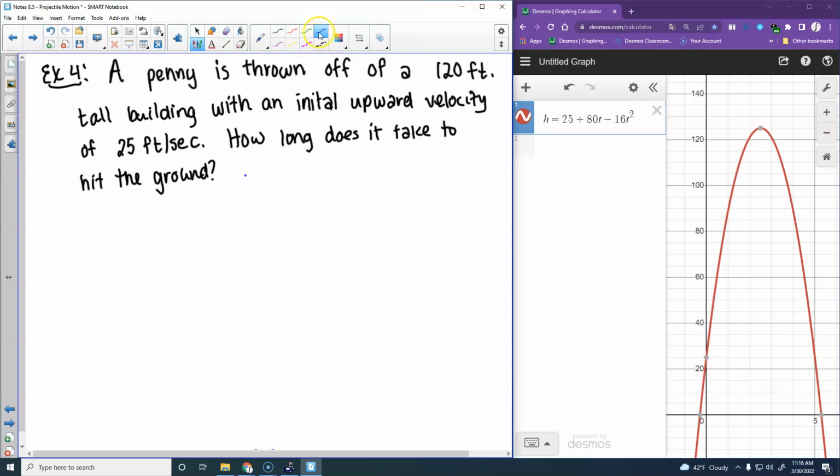So, Passion, I'm going to have you help me with this one. We've got h equals h sub 0 plus v sub 0 t minus 16 t squared. We need to replace our h sub 0, which is our initial height, and our v sub 0, which is our initial upward velocity. What's our initial height going to be, Passion?